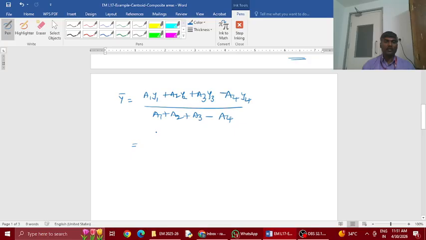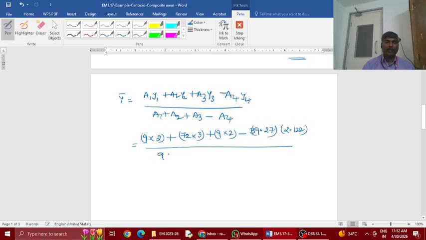Substituting all the values: a1 is 9, y1 is 2, plus a2 is 72, y2 is 3, a3 is again 9, y3 is 2, minus 39.27 is a4, 2.122 is y4, divided by 9 plus 72 plus 9 minus 39.27, that is a1, a2, a3, a4.